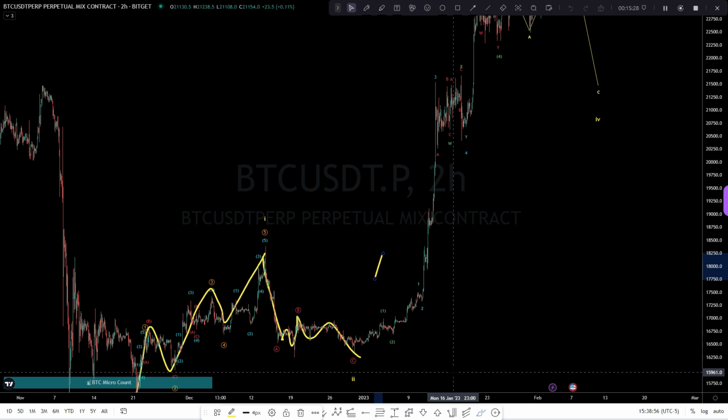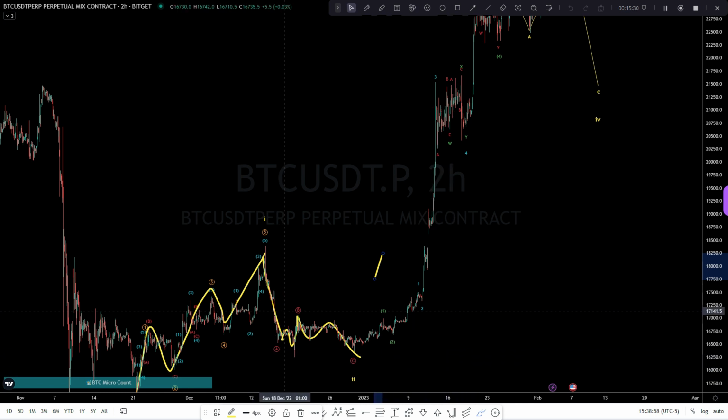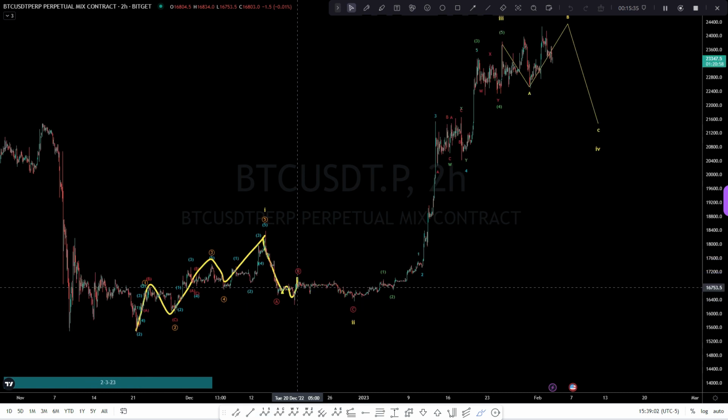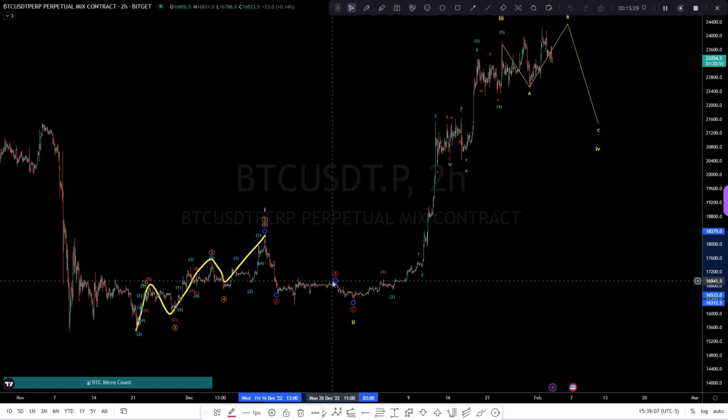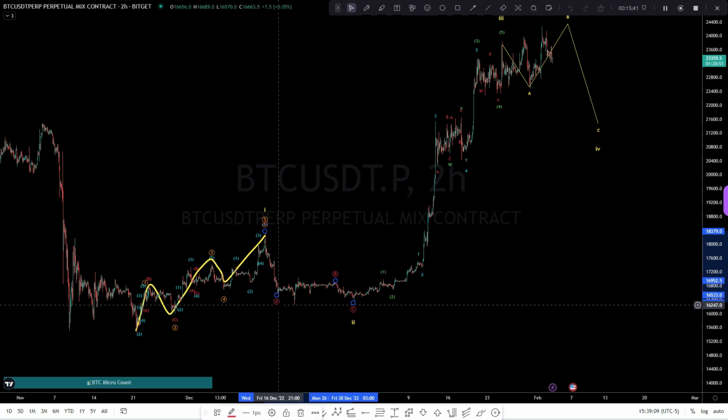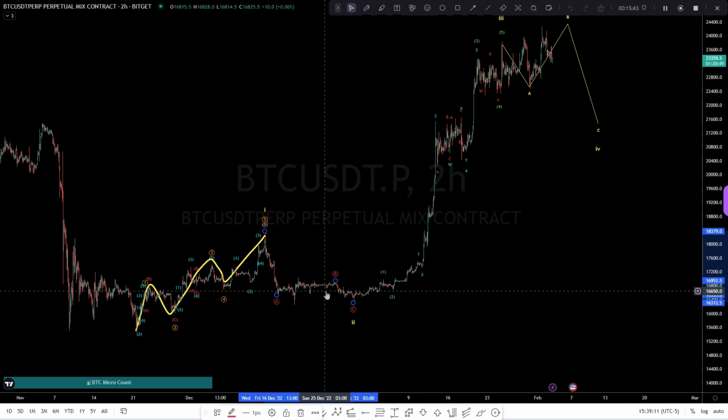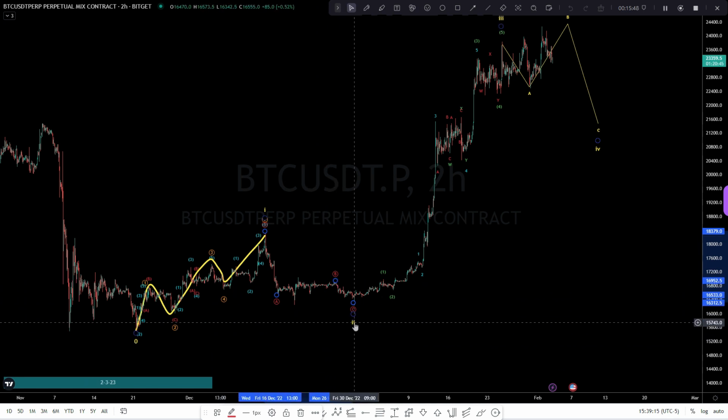It could be WXY here. You could move the B wave over if you want, right? Here. And you can make this a zigzag. And then the B wave is just some kind of combination. Hey, who cares, right? Three-wave move that ends here for a 2.